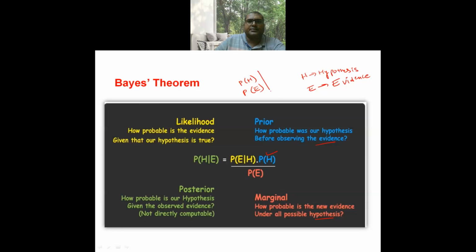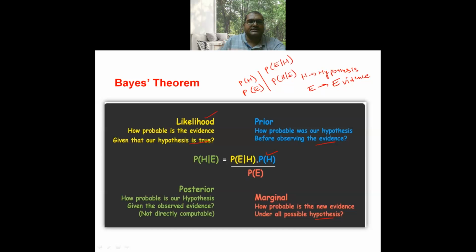The next is probability of E by H. It is the probability of evidence given that our hypothesis is true. I repeat, it is the probability of evidence given the hypothesis is true. And P of H by E is a posterior probability.